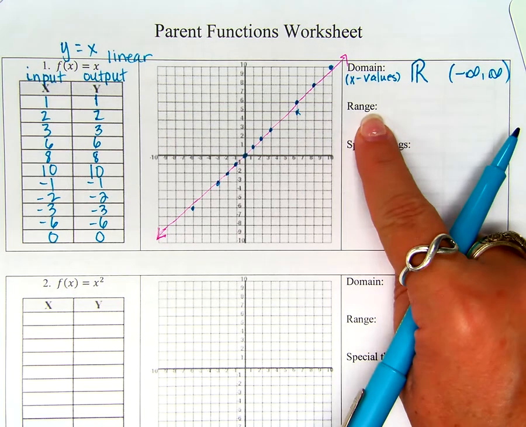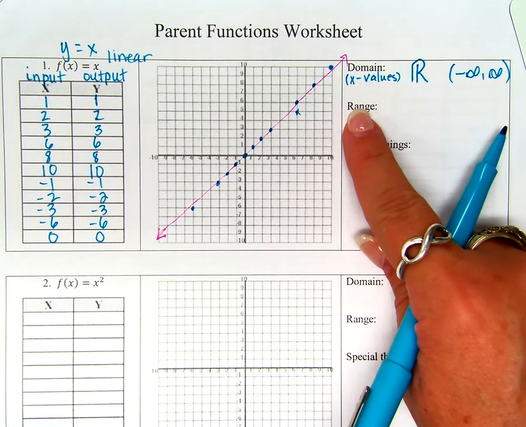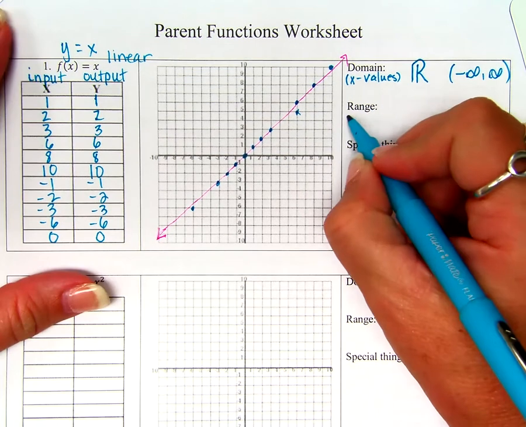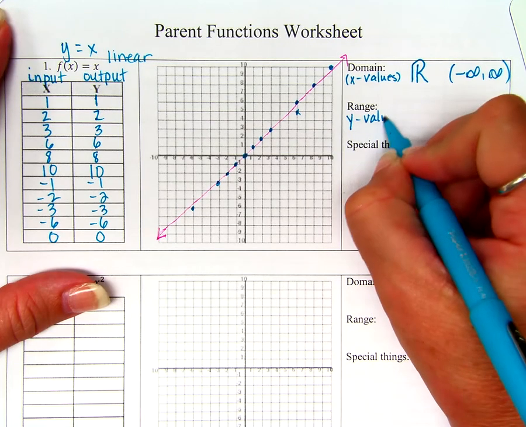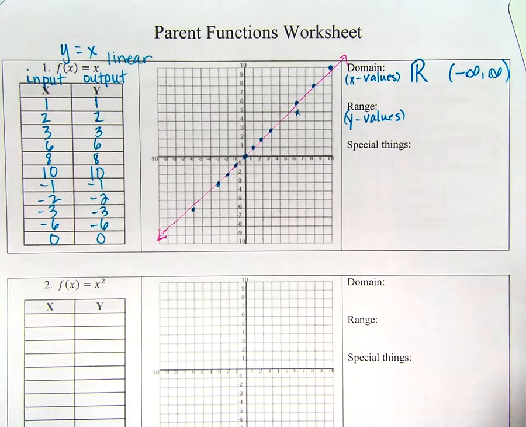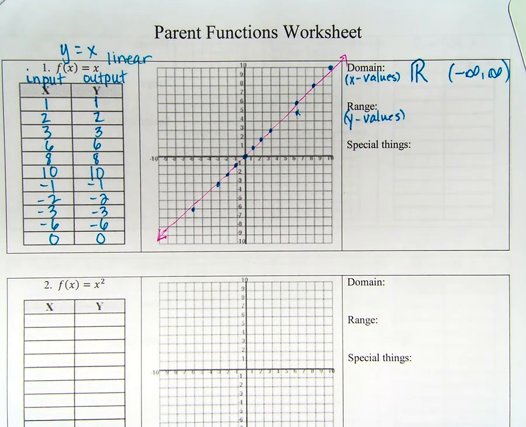What about the range? If domain is x values, what's range? Y values. And if domain is left to right, what's range? Can I argue with you for a second? Why do you think we talk about domain being left to right? What specific order are we talking about? Negative to positive.